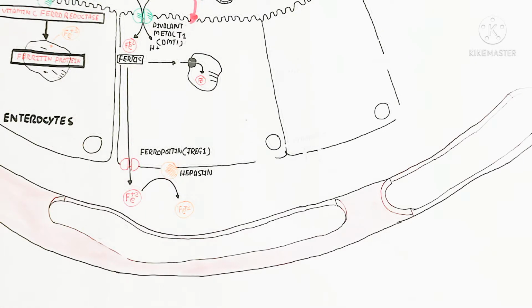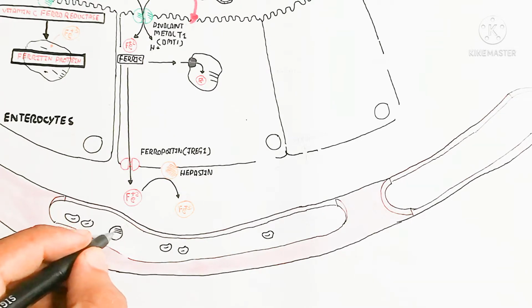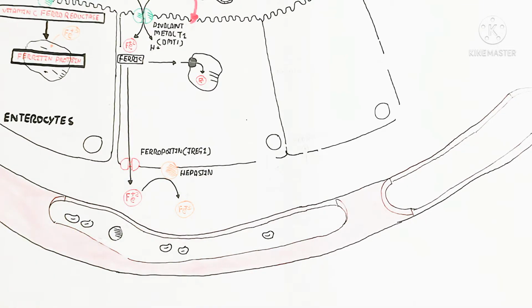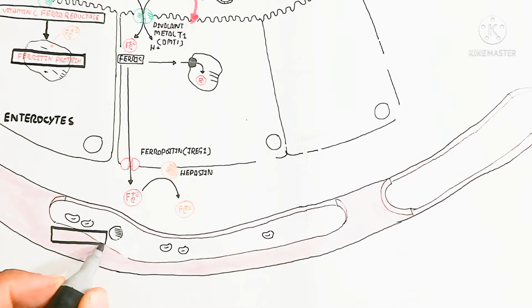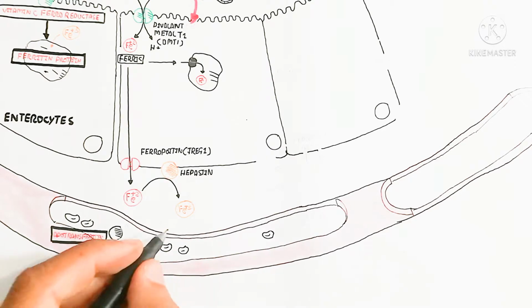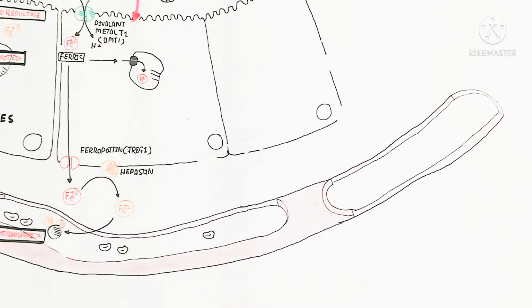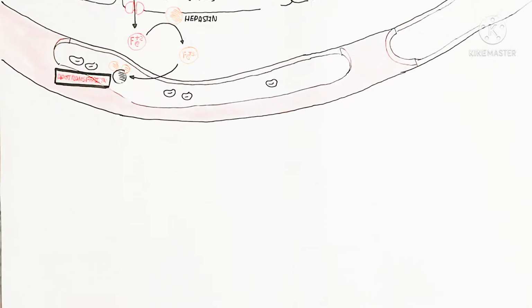This conversion leads to movement into the circulatory system, where the important thing is the apoferritin protein, which is used for the movement of iron by binding. Two ferrous ions will bind with the apoferritin protein.